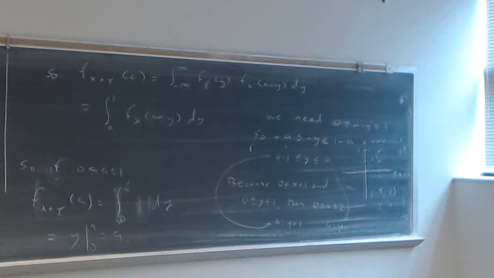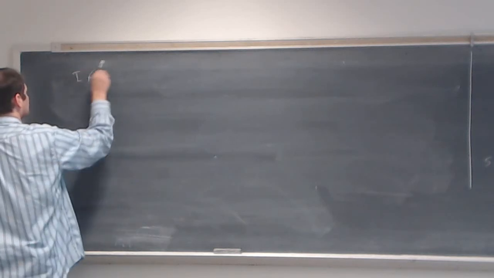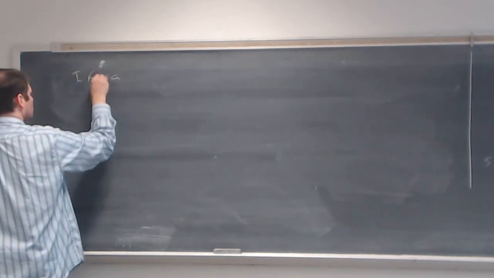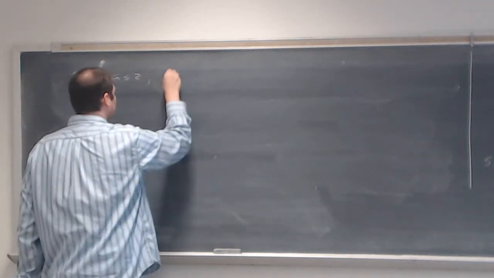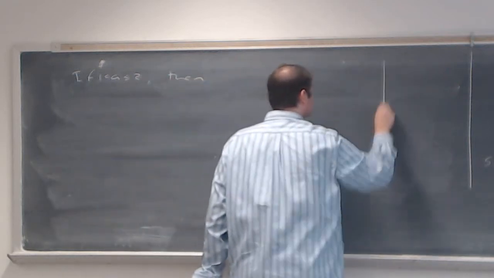All right, what if a is between 1 and 2? If a is between 1 and 2, then we're looking at this region.